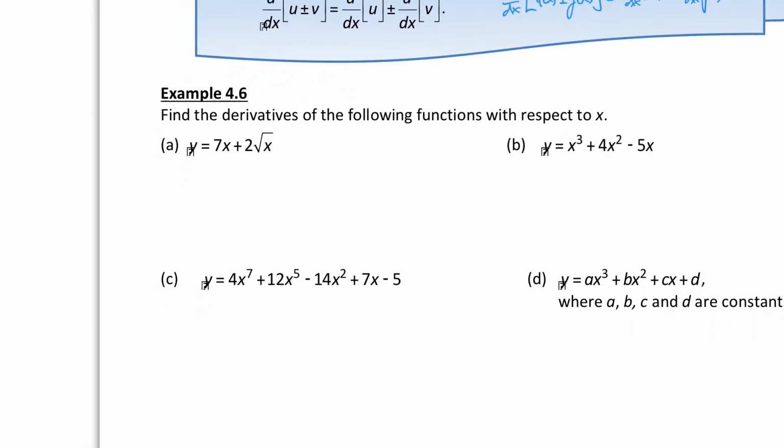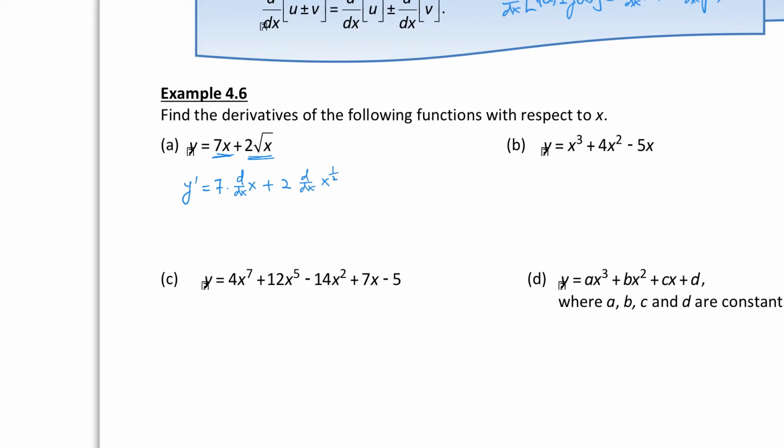We have already discussed how to find the derivative of this term and this term. So what can we do? What is the value of y dash? You can take out 7 first and then find the derivative of x, and then plus. Because we can make good use of the above theorem, we can find the derivative separately.